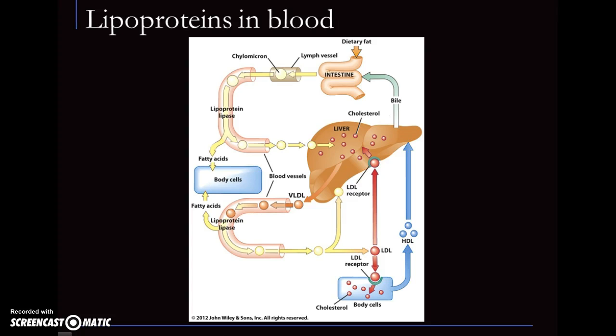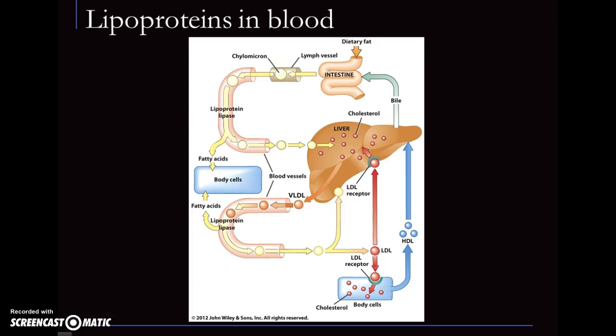The lymph vessel then will drop that chylomicron off into the blood for an exchange, and then lipoprotein lipase starts acting, which is an enzyme that breaks down the lipoproteins, to drop some fatty acids off to body cells. And we'll talk in a little bit what those fatty acids might do in body cells.